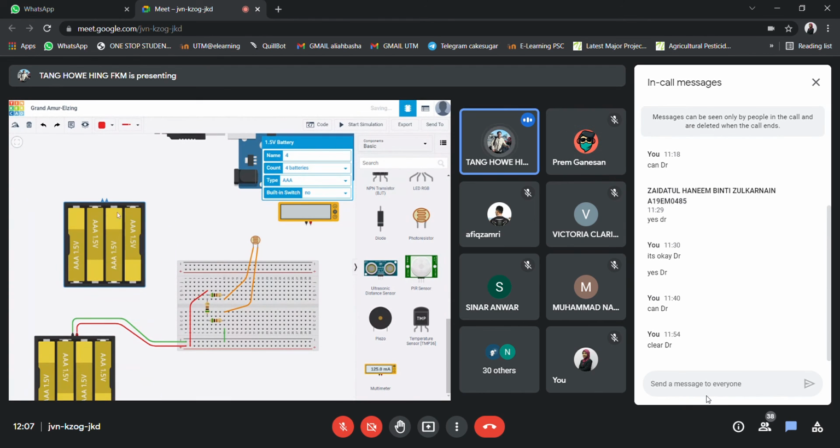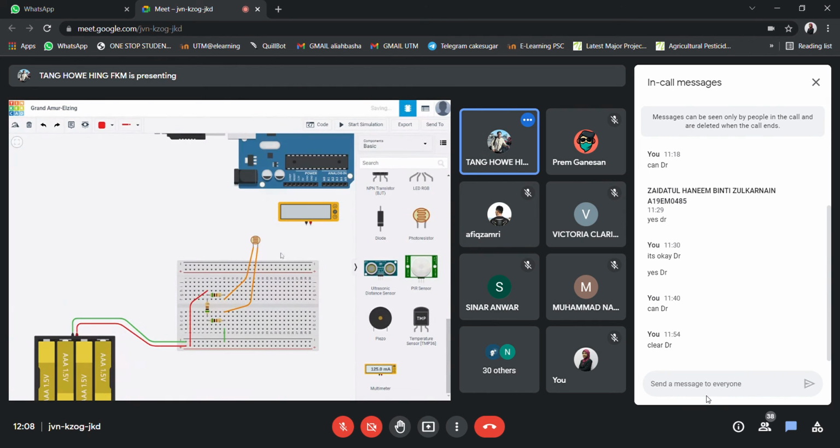Okay, if no questions, then I'm going to add in amplifiers to amplify this voltage. Okay, but actually this voltage is already considered quite in the range already.